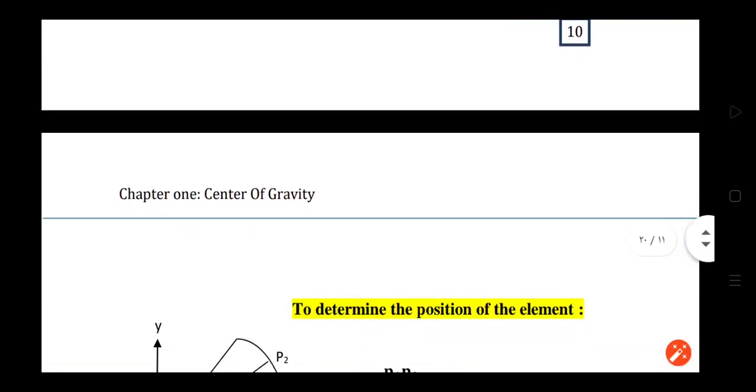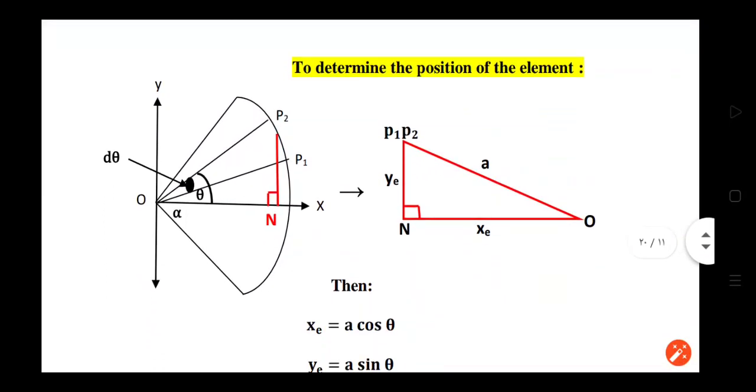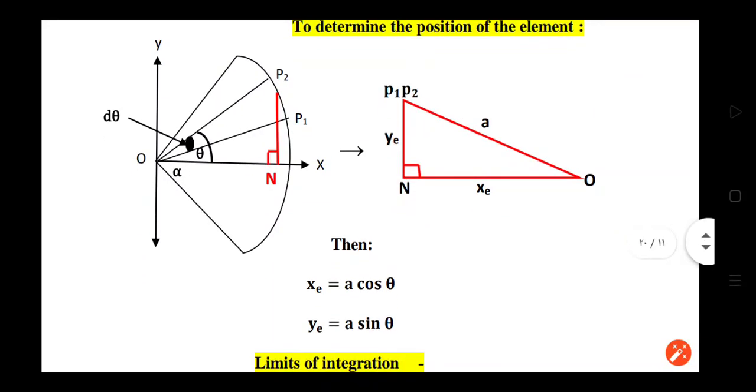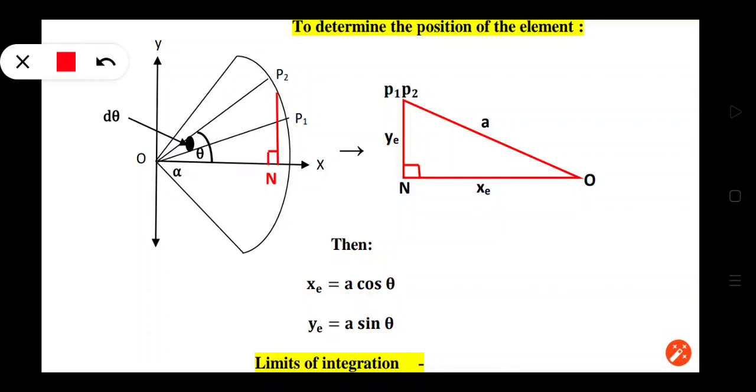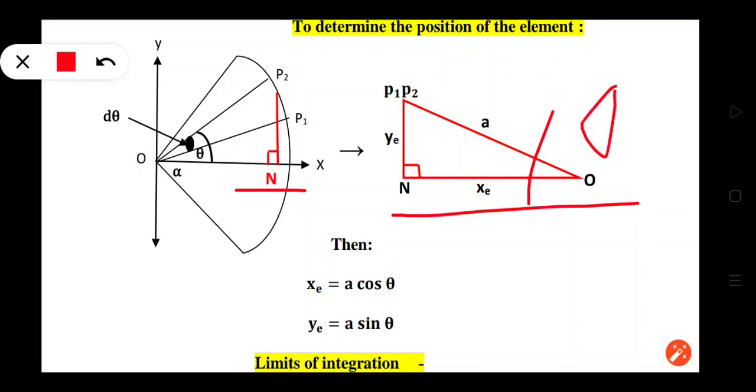To determine the position of the element, xe and ye, we draw a projection from the arc B1 B2 to the x-axis and cut it at point N. Then by using angle theta we can find xe and ye, as xe will equal a cosine theta and ye equals a sine theta.